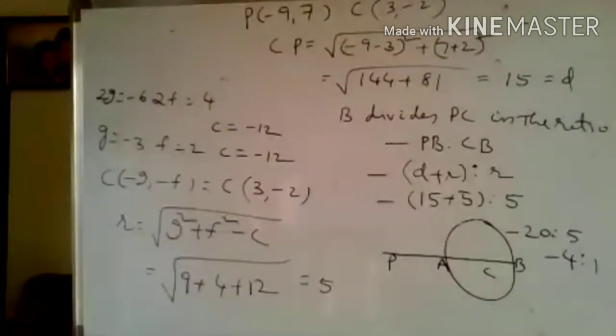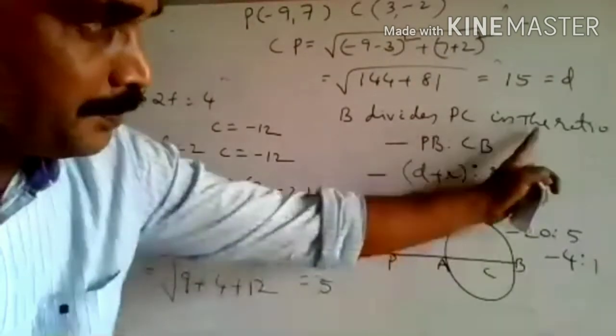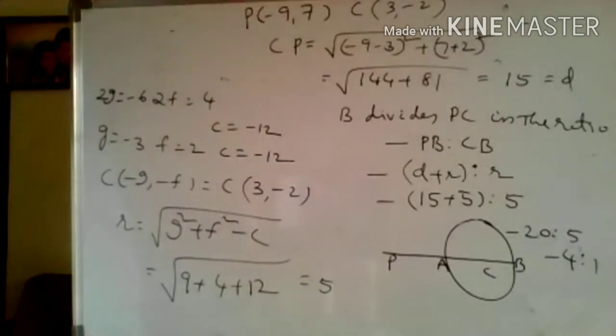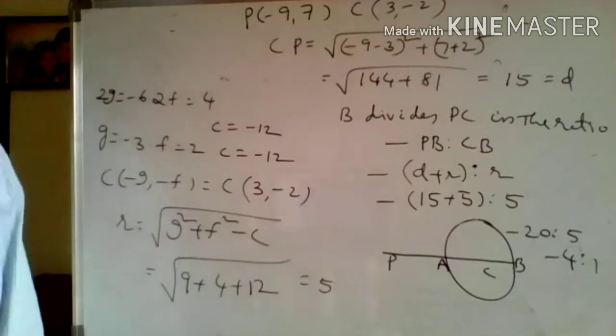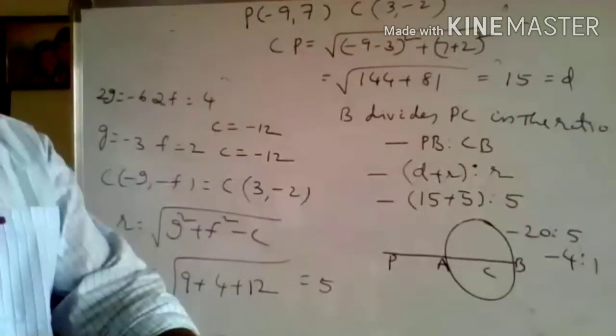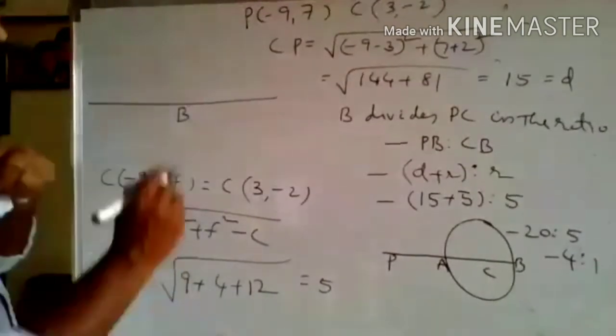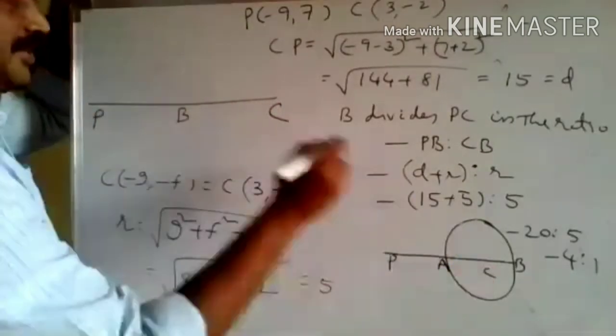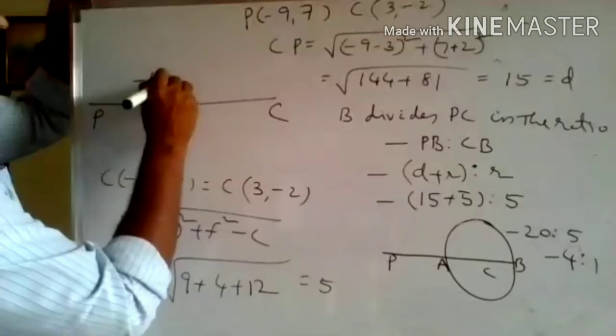So B divides PC in the ratio minus 4 is to 1.